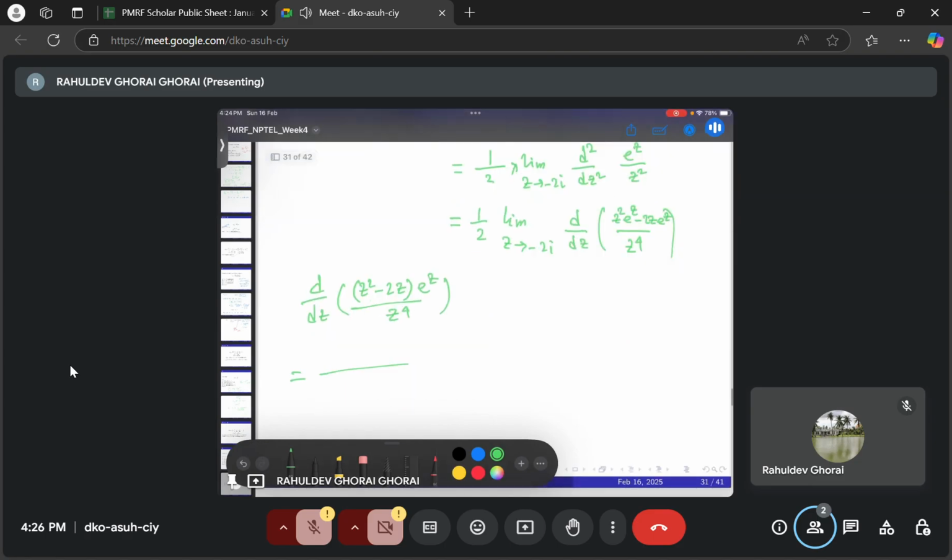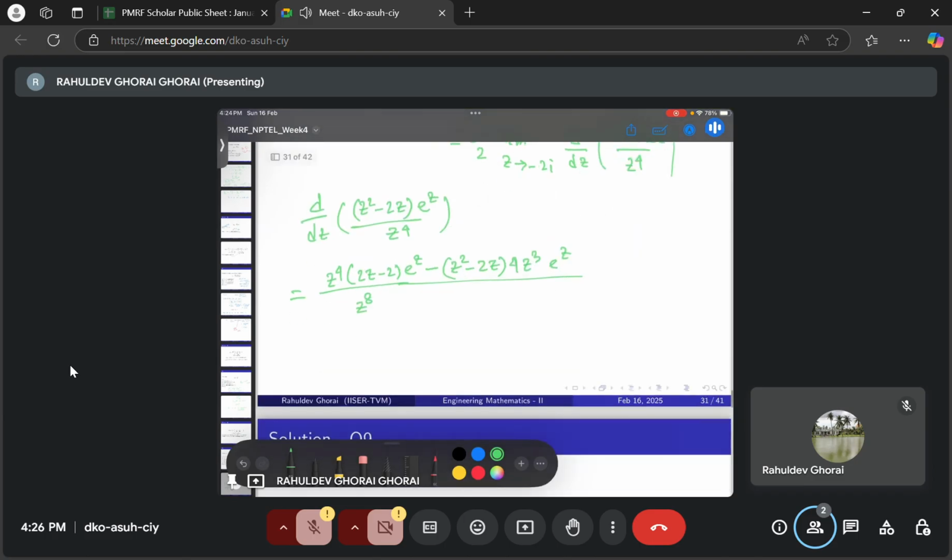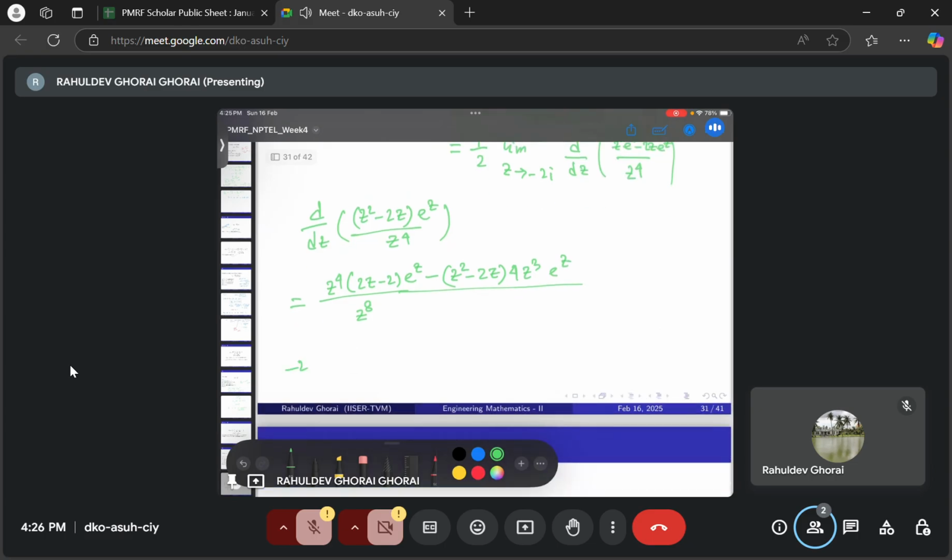So that will again be equal to 1 over z to the power 8, times z to the power 4 times (2z minus 2) e to the power z, minus (z square minus 2z) times 4z cube e to the power z. Once you have this, at minus 2i we will evaluate the value. You just put z equal to minus 2i here.